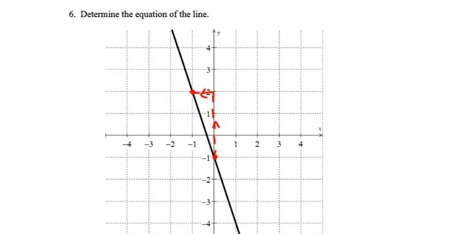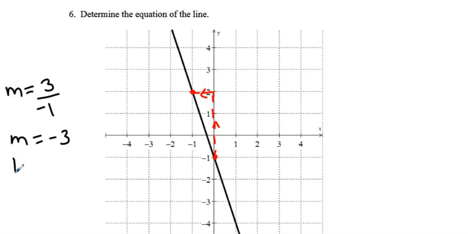So I'm going to say m is equal to +3 over -1 because I went left 1 unit. So m equals -3. And I'm just going to double check that each square is worth 1. Indeed it is. So my slope is -3. That's good.